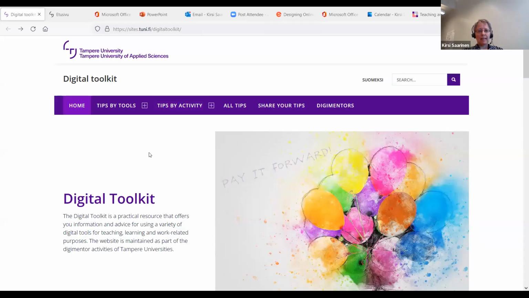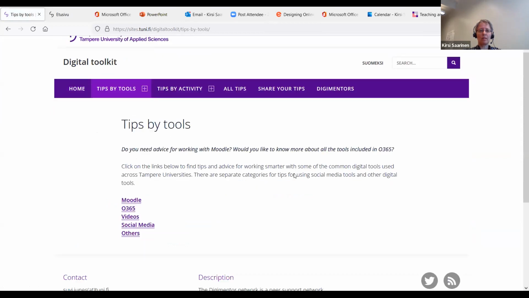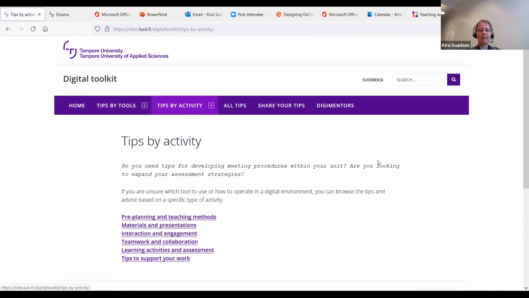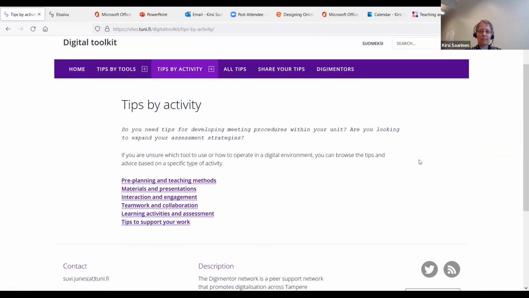It looks like this. So this is the English version. We have this also in Finnish, but it includes tips by tools, and there are some examples given, and tips by activity. It says here, for instance, are you looking to expand your assessment strategies?